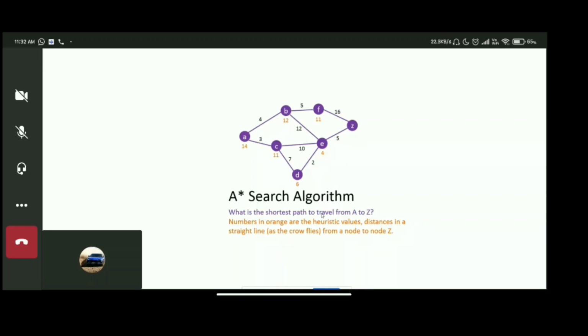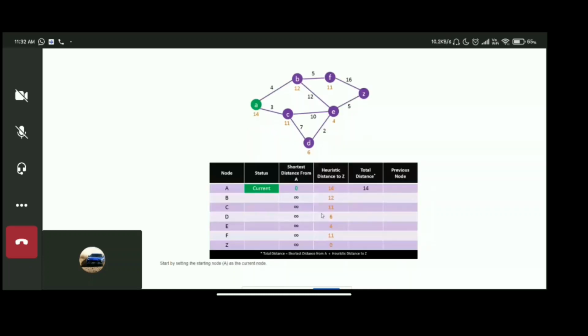You need to maintain such a table also. We are starting with A. Your shortest distance from A is the computational cost g of n. The heuristic distance to Z is h of n, and the total distance is f of n.